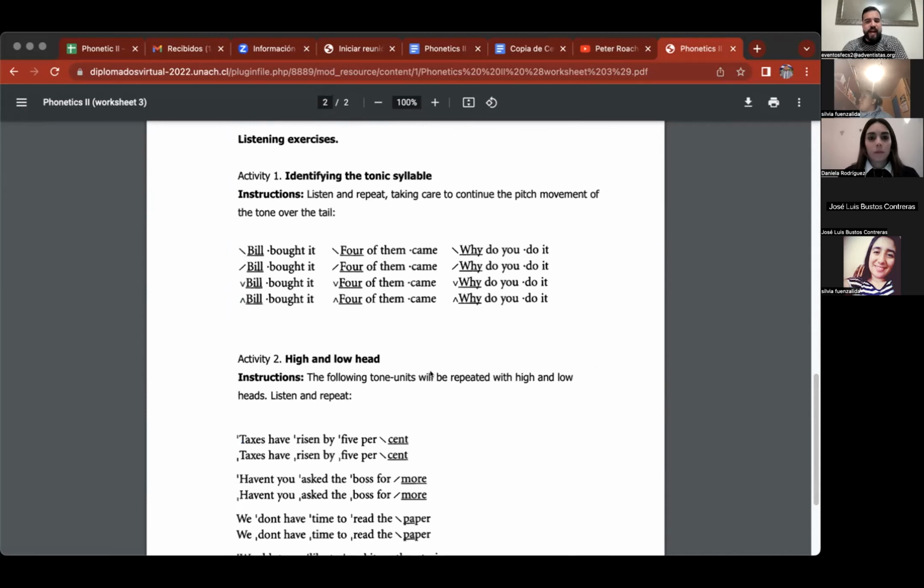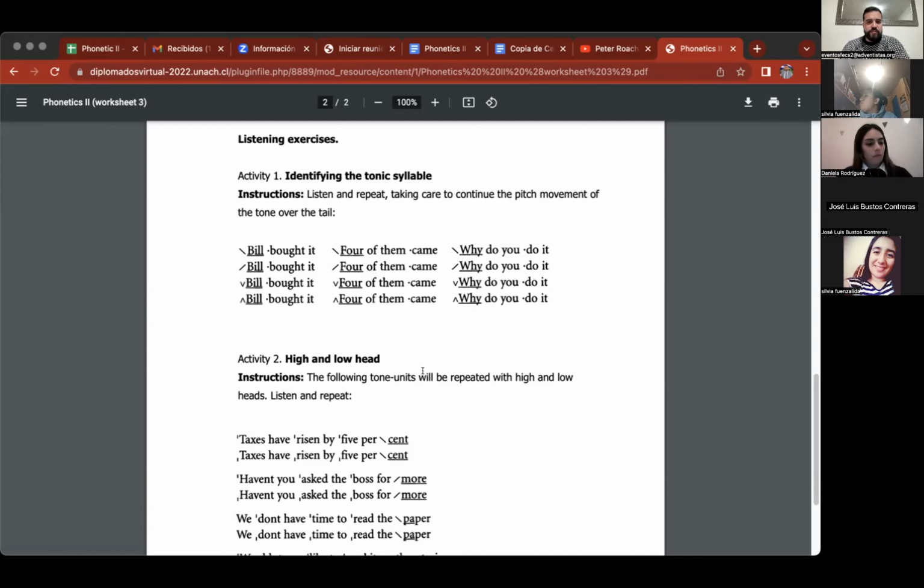So for that specific item, there are 2 different activities. In activity 1, the title is identifying the tonic syllable. For that, you had to listen to the audio and repeat. The idea is that you have to take care to continue the pitch movement of the tone over the tail.